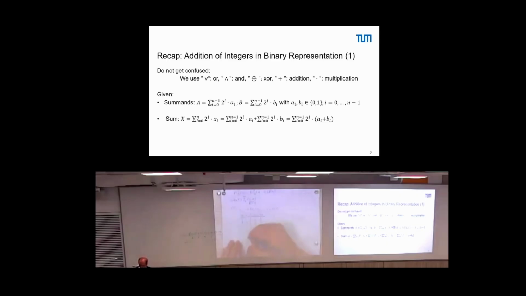If we draw this as a circuit, we have A0, B0. We have the 2 XOR gives the S0, and do this a little bit further down, the AND of the 2 together gives C0, right? That's how we would draw this as logic gates.